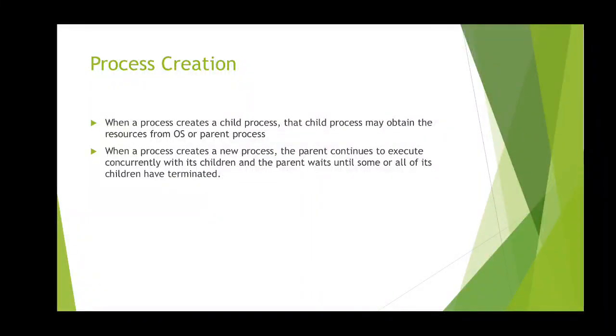A process can create a child process using the fork system call, and the resources required for the child process are obtained from the parent process or from the operating system. After creation of this child process, the parent process will continue its execution along with the child process. Before terminating, the parent process will wait for all of its child processes to terminate, and after terminating all of its child processes, the parent process will exit.